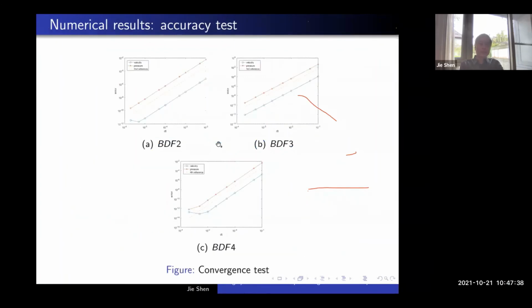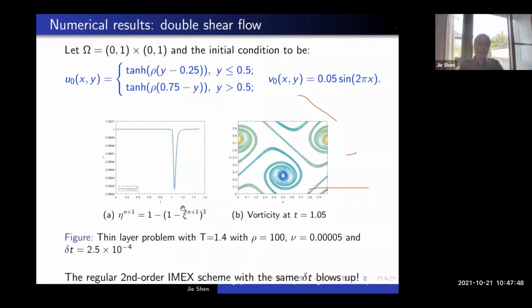Okay, numerical tests. First of all, it's an accuracy test. That's of course no problem. And then we do a benchmark test, a very complex rotating flow. This is the vorticity of the flow at time t equals 1.05.